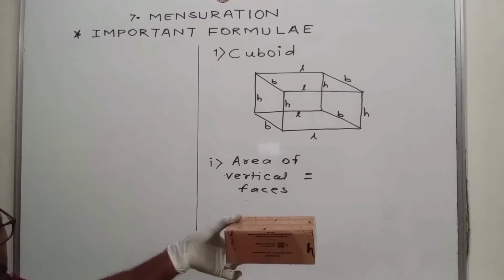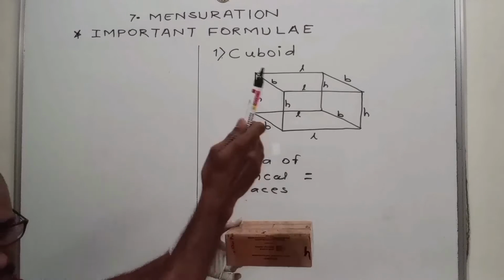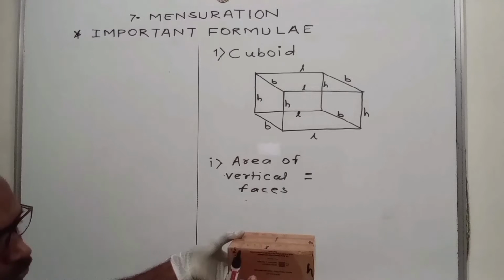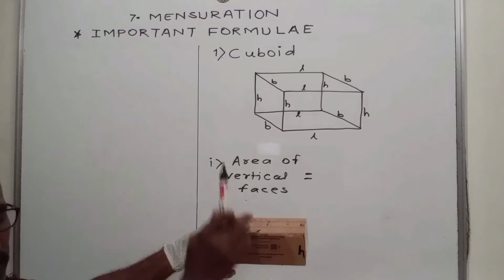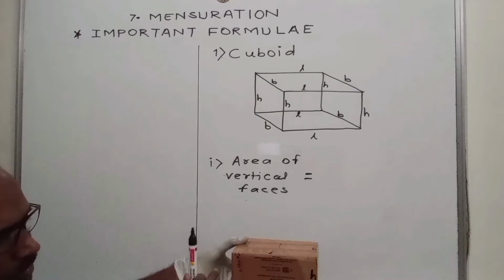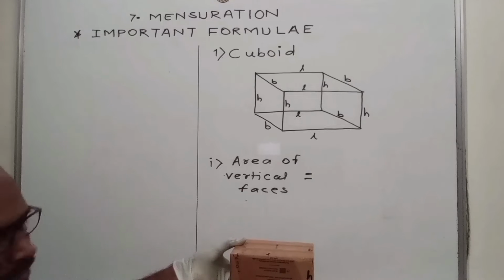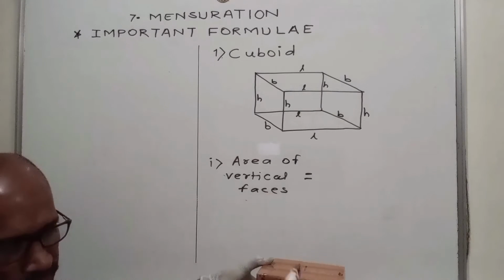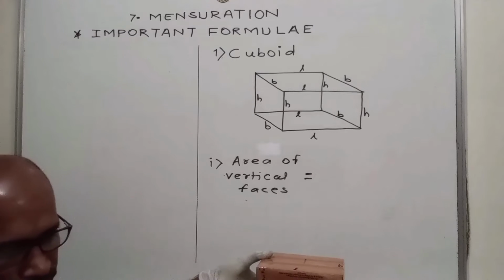These are vertical faces. Now this face and its opposite are both congruent. Here these are also congruent. Therefore, these are two same faces, or congruent faces.